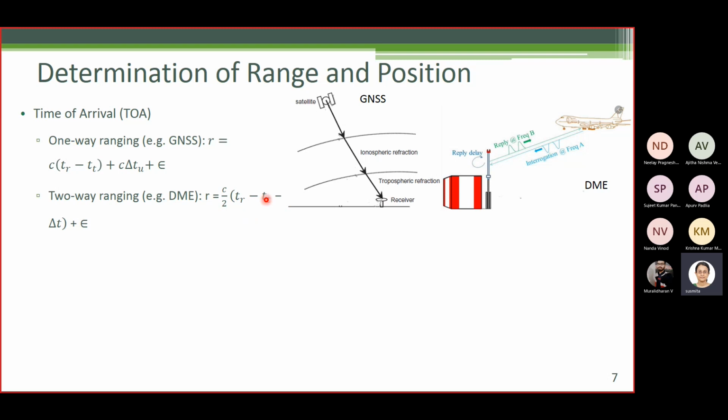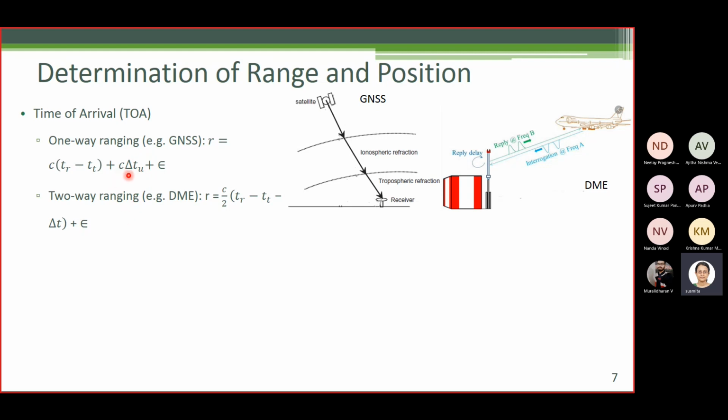So the round trip time is also not large, and the clock deviation over this round trip time is small. And we are subtracting 2 times. Both have errors and we are subtracting them. So in this case, we more or less nullify this delta T, the uncertainty. If there is any residual error, that can be modeled statistically. So by having two-way ranging, we can get rid of this additional unknown term.